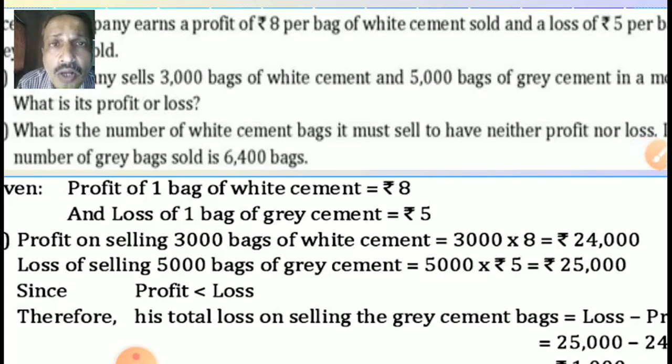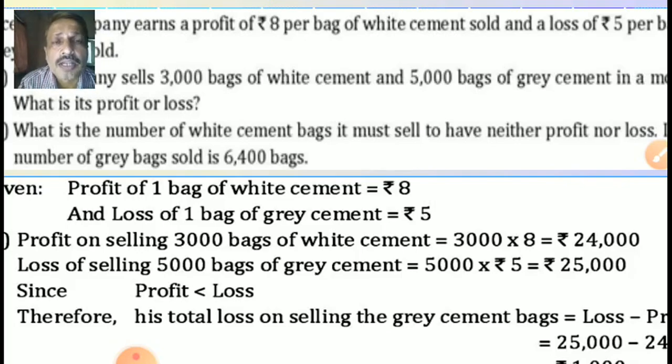Now what about the loss? Yes, loss is 5 rupees per grey cement bag. How many cement bags are sold by the company? Yes, 5,000 bags of grey cement sold in a month, and one bag is 5 rupees loss.